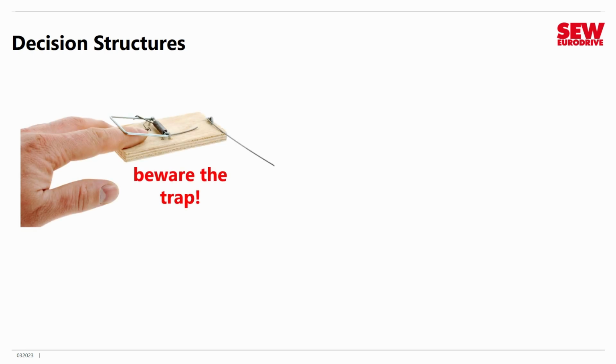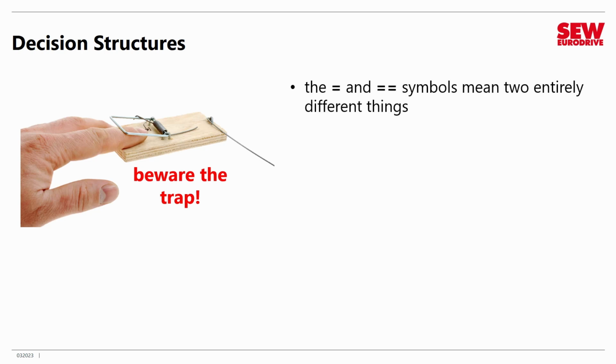Now there's a trap here that I really want to sternly warn you about so you don't get your fingers caught in it. The single equal symbol and the double equal symbols mean two entirely different things. Remember, the single equal symbol is for assignment, assigning values to variables, copying one variable into another.